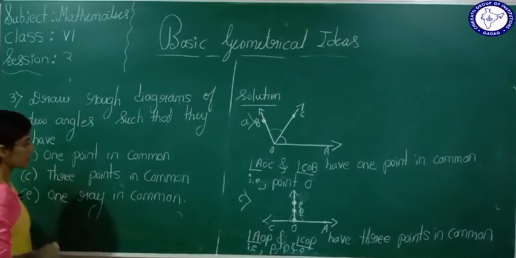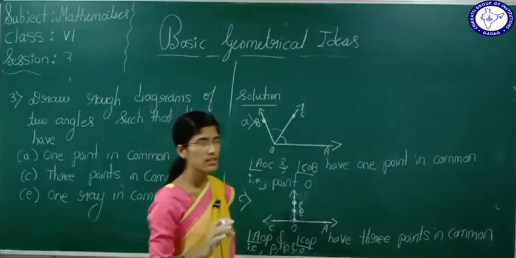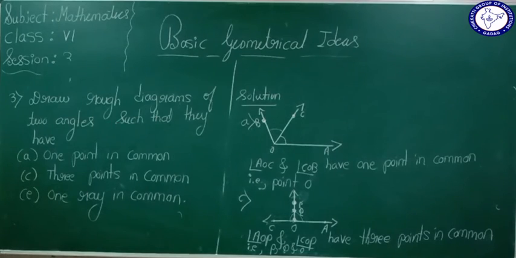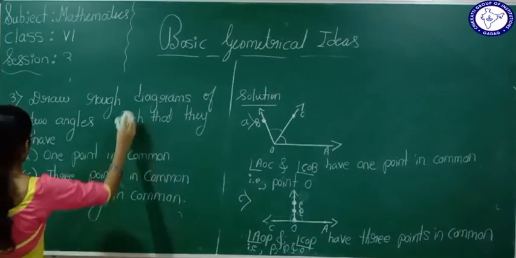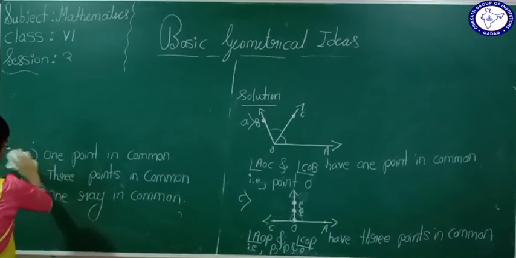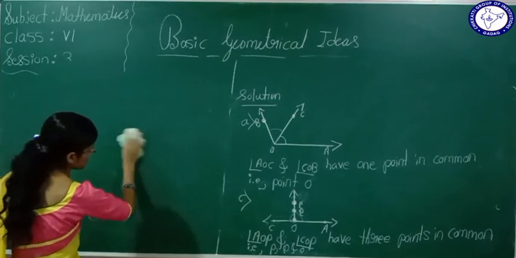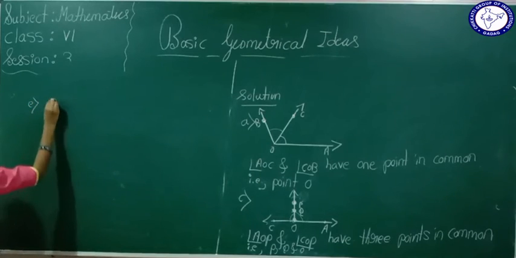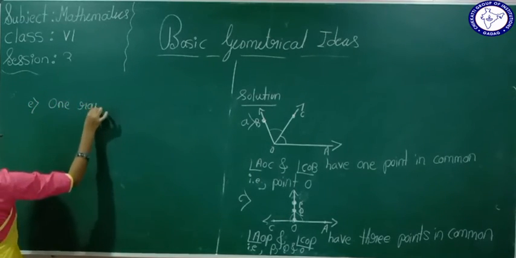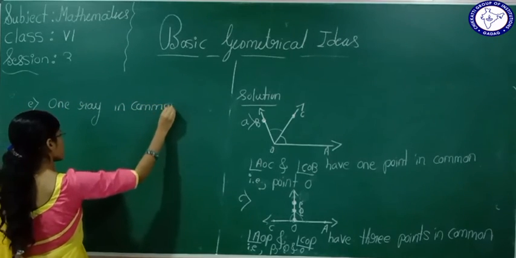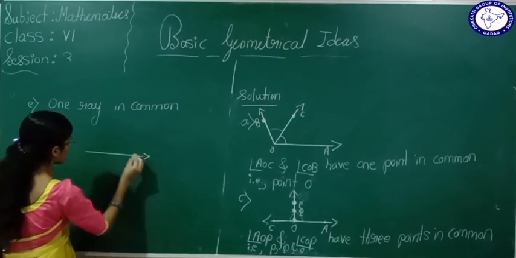Now E1, what they are given? 2 angles. For 2 angles, one ray should be common. What we have to draw? We have to draw one ray in common. Say E1, you see, one ray in common. 2 angles we have to draw here.